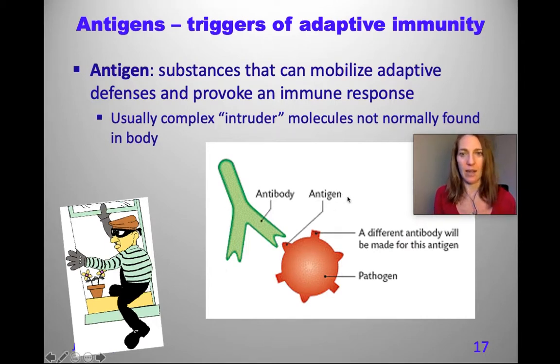right? So antibody generating. So an antigen can be defined as substances that can mobilize adaptive defenses and provoke an immune response. So usually it is the case that these are intruder molecules that you don't find in the body. But again, those MHC molecules are an example of self-antigen that allows our body to distinguish our own team, self, from non-self, foreign invaders.